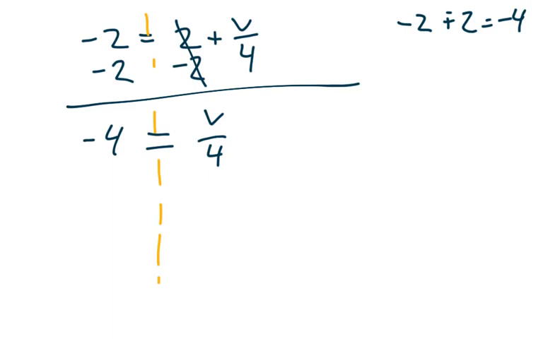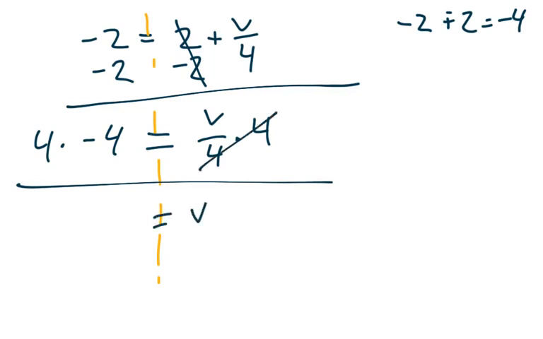Okay, so now, v is being divided by 4, so the inverse, we're going to do the opposite. We're going to multiply by 4, but we're going to do that on both sides. So that, we get v by itself, which is our goal. 4 times -4, well, that's 16, and a positive times a negative is a negative. So we think that v is -16.